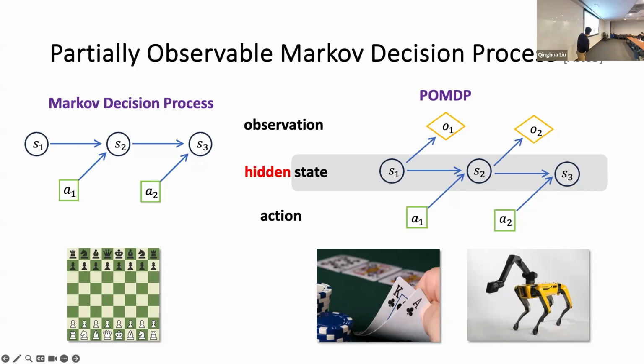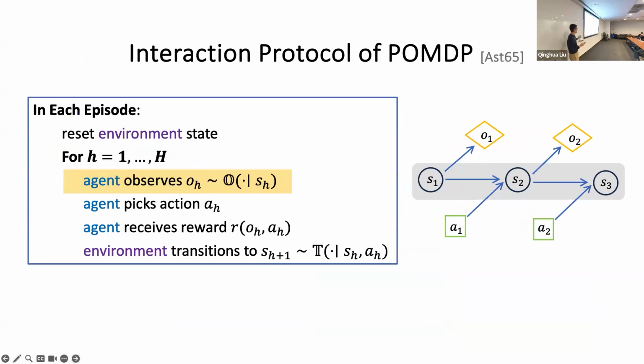Okay. And to make it a little bit more formal, we consider the episodic partially observable Markov decision process. So the agent interacts with the environment in the form of episodes.